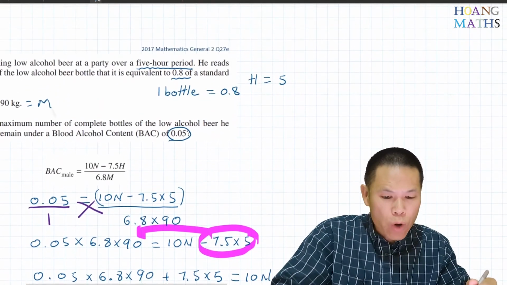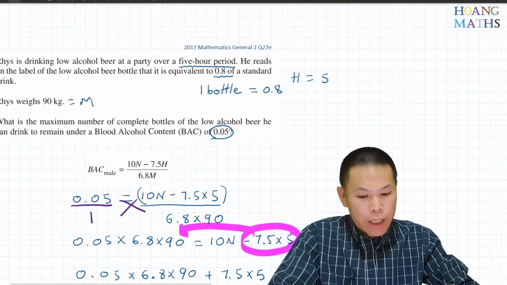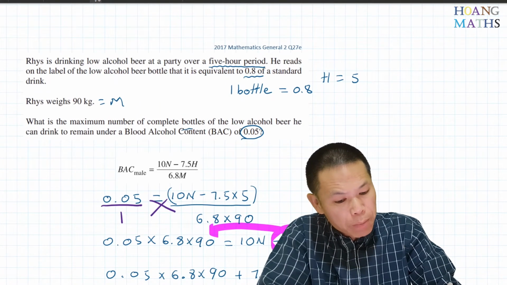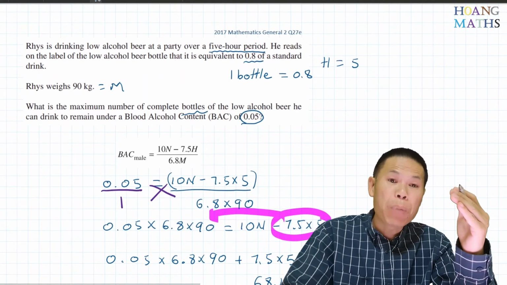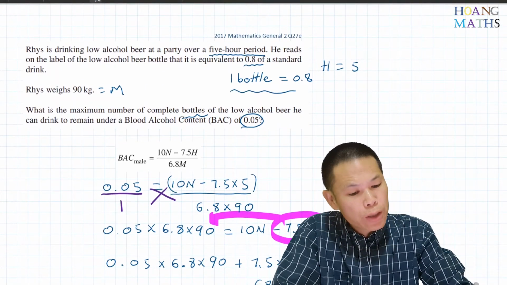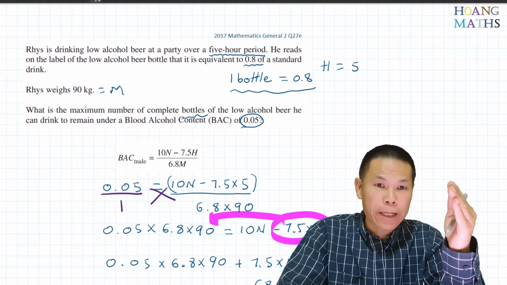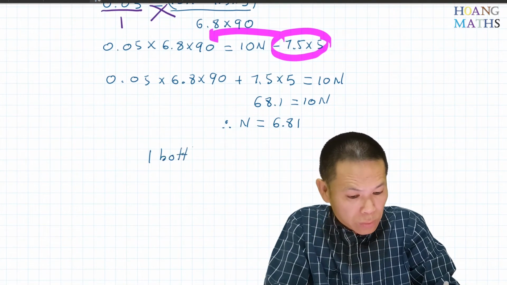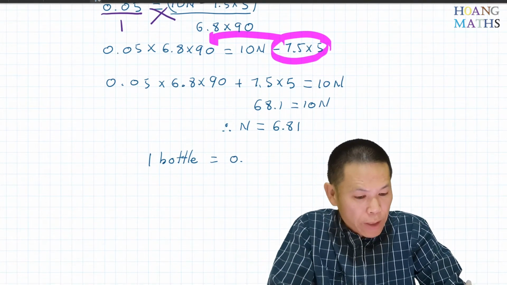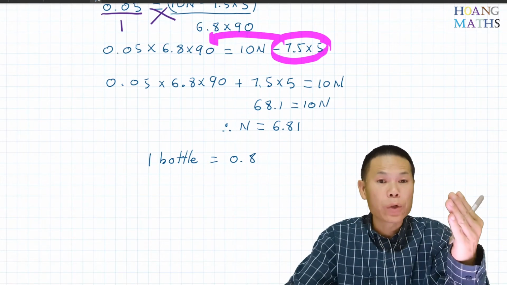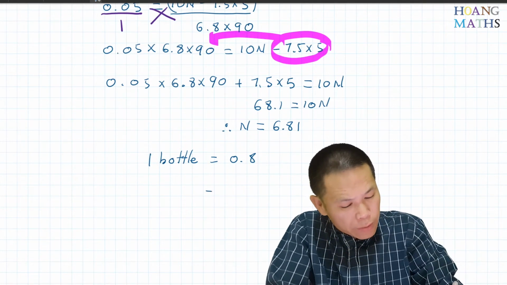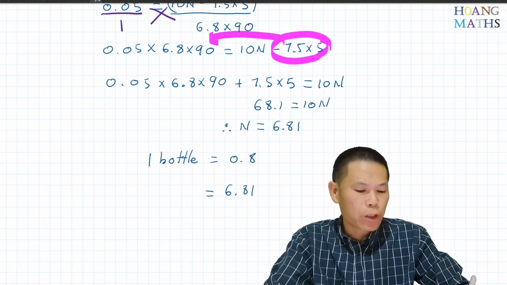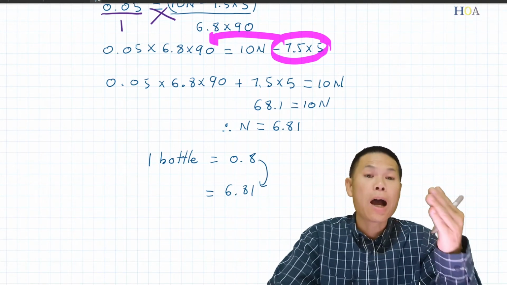But then we need to work out how many complete bottles, the maximum number of complete bottles. So we know that one bottle is equal to 0.8 standard drinks. So now we have 6.81 standard drinks, and we need to work out from here to here how many times.